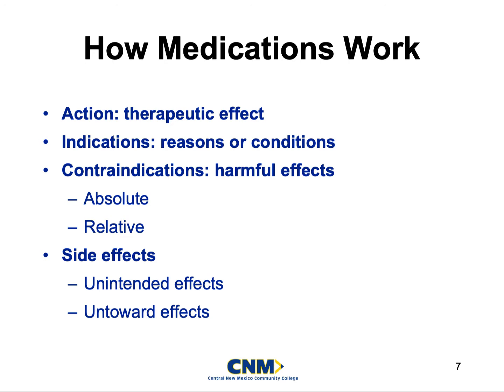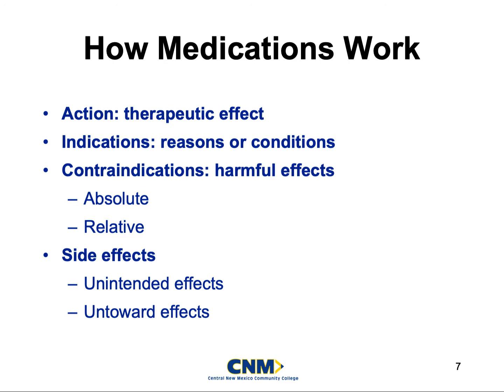If the patient already knows they have an allergy to that medication, we don't want to give them that medication because we can make the patient much worse. And then we have relative contraindications. And we're going to talk about relative contraindications as we are going through the drugs individually in this lecture, because there are some caveats to a relative contraindication.